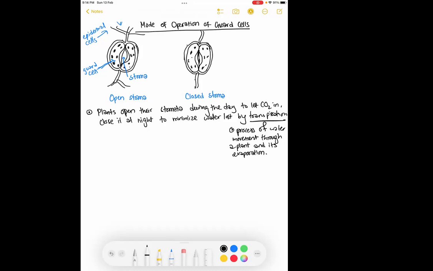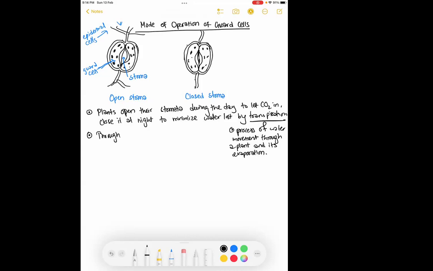Next point is that the guard cells control the opening and closing of stomata through regulation of water potential within themselves. So I already told you on the last page that the guard cells control the opening and closing of stoma. But how do they do that?